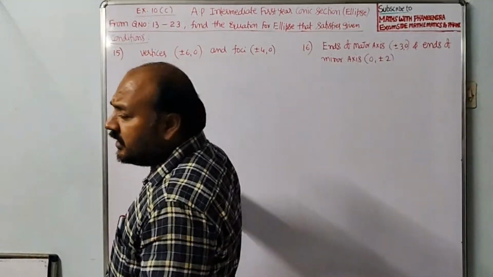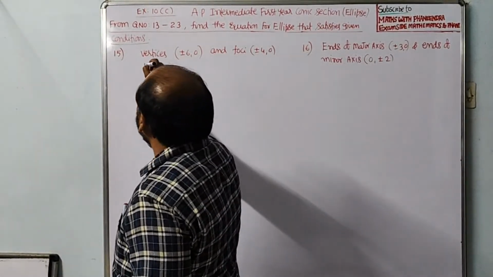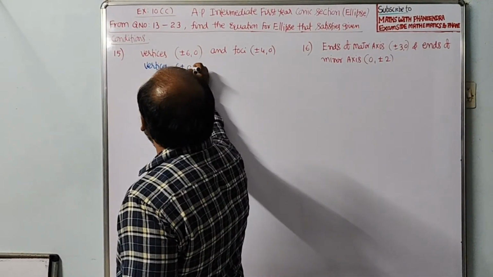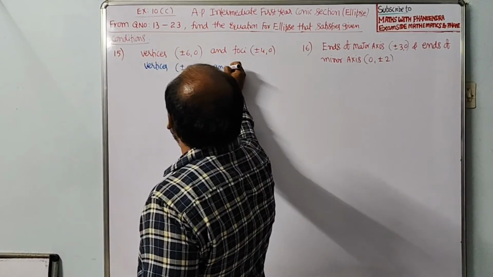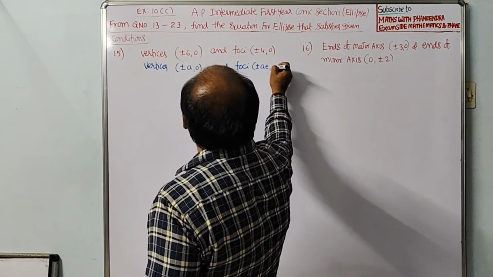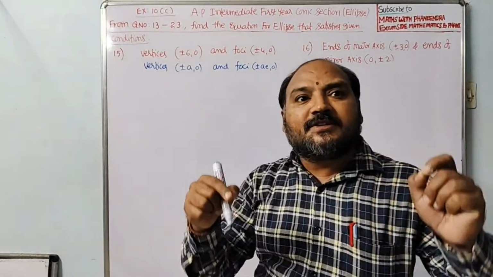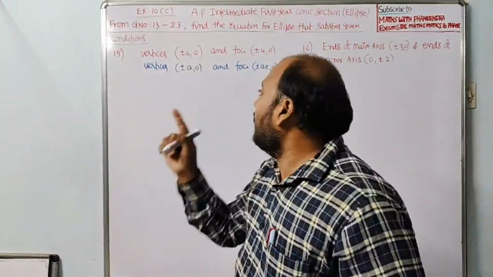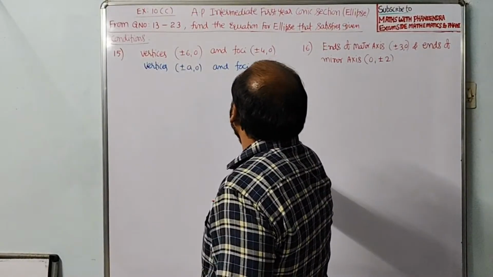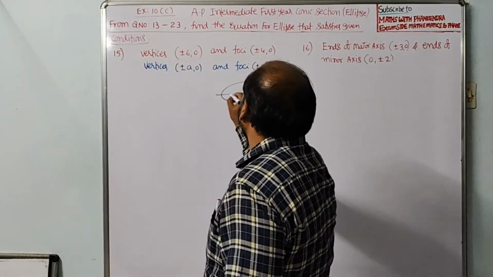As usual, like the 13th question, vertices compare with plus or minus a comma 0 and foci compare with plus or minus ae comma 0. In vertices and foci, the y coordinate is 0. Whenever the y coordinate is 0, the equation of ellipse is in the standard form.